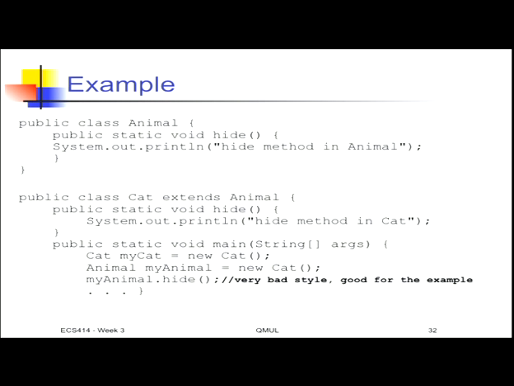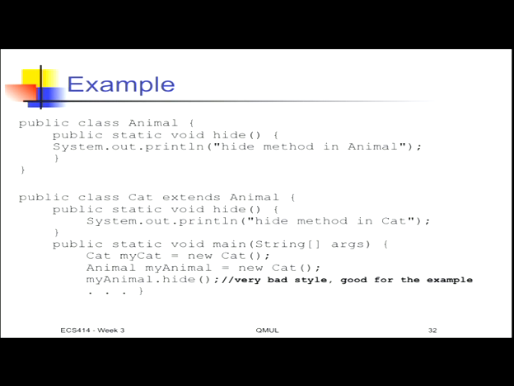And then we call on this object, myAnimal, the method hide. Now, there are only two options. Either we see hide method in Cat, or we see hide method in Animal. What do you think? Have a guess. Cat?